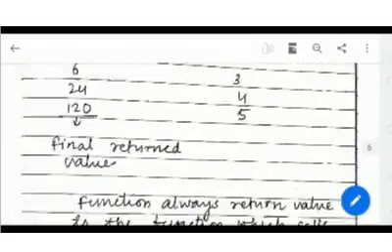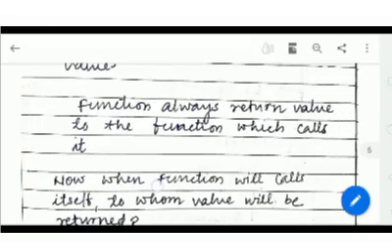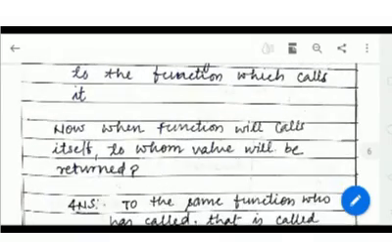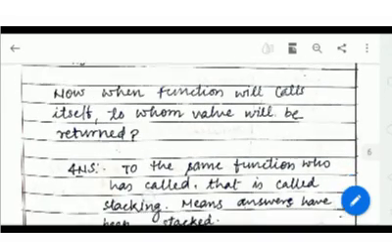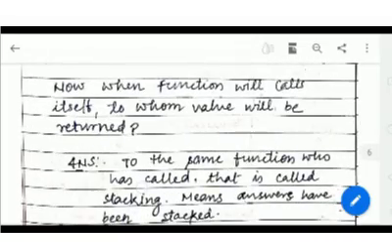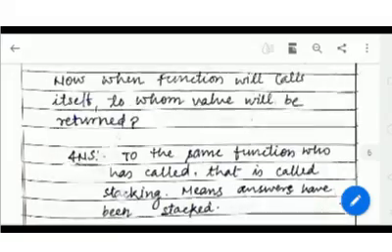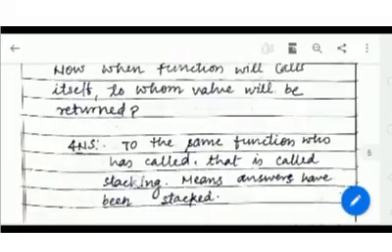Now, in recursion, a function can be called from inside, that will demonstrate recursion, or it can be called from outside as well, because to run a function it is necessary to call it from outside. I have a question: when a function calls itself, to whom will the value be returned?